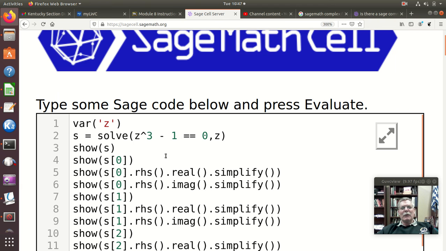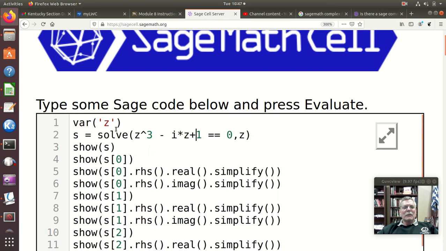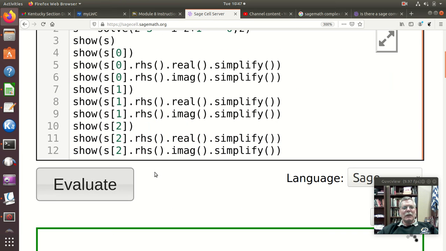And so you know, we can just go to Sage and solve that z cubed equals 1. You know, so if I wanted to change it to something even a little nastier, how about z cubed minus i times z plus 1, just to see what the heck happens. Go down here and evaluate.